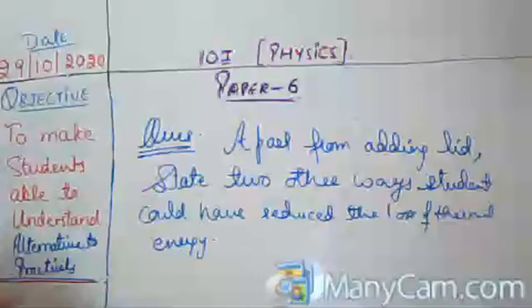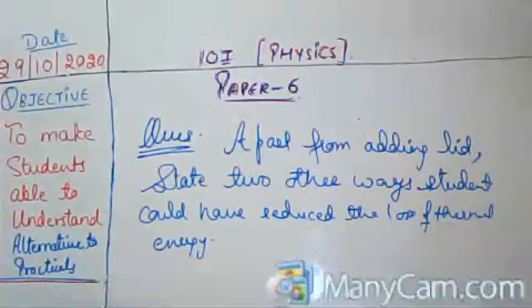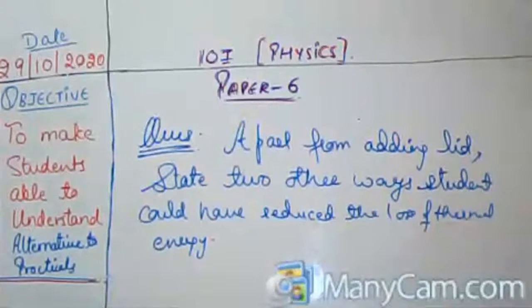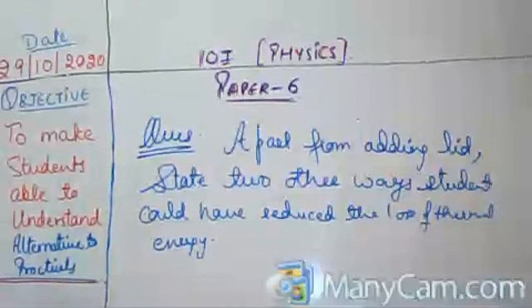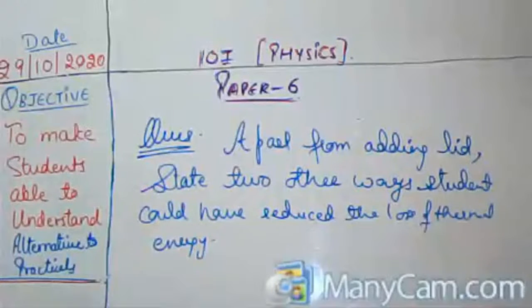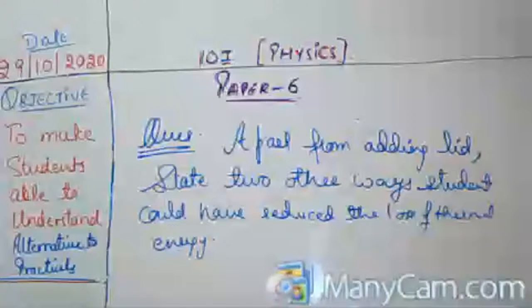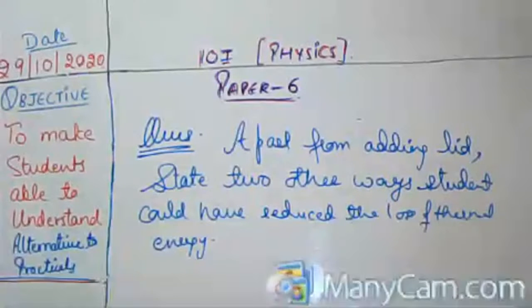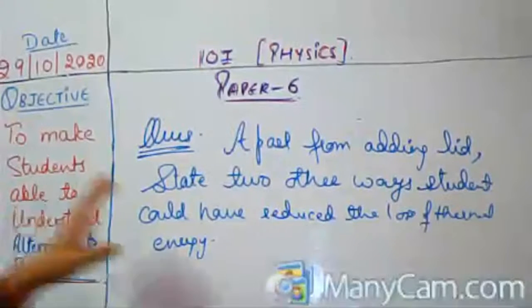And you got the direct question based upon that, so that you don't feel that what ma'am is saying is just for saying, or that it actually happens. Yes, this happens. So the first question was to tell any one method.